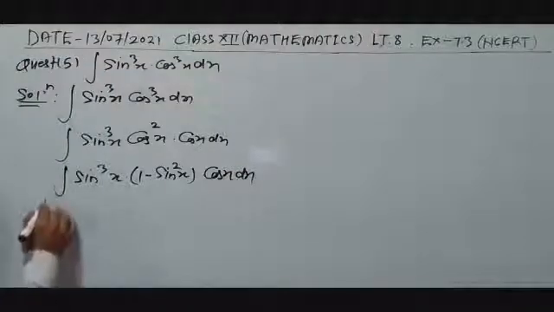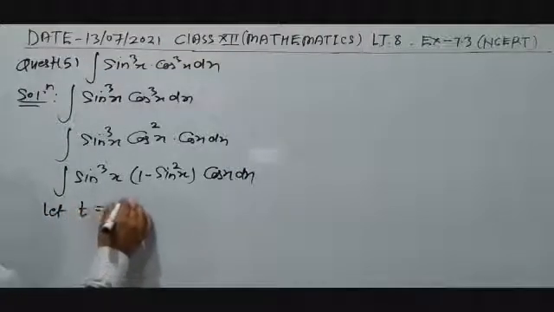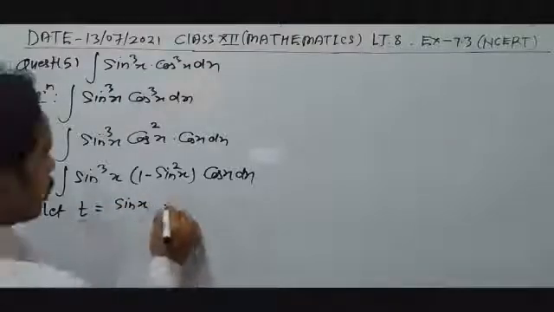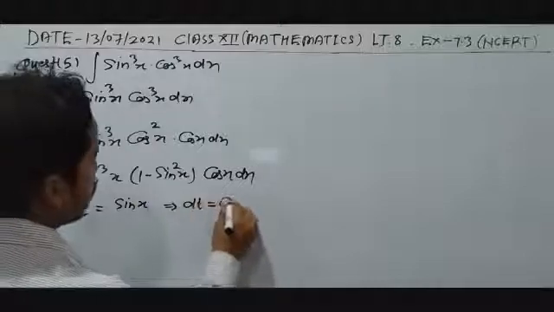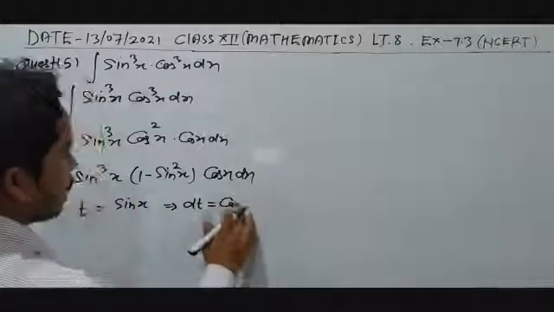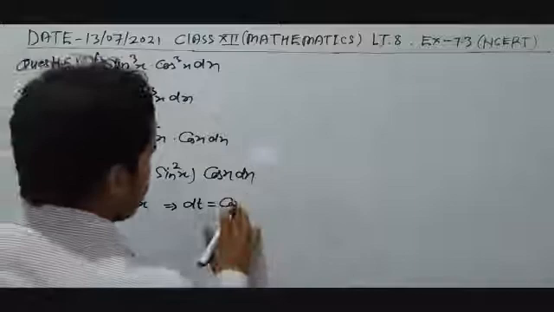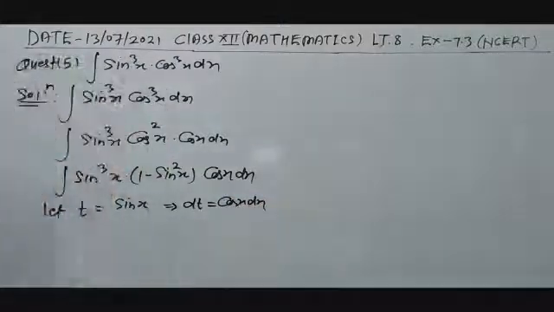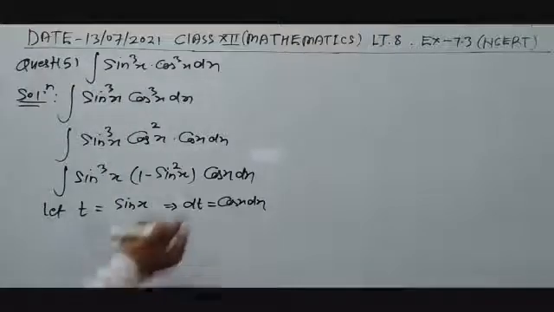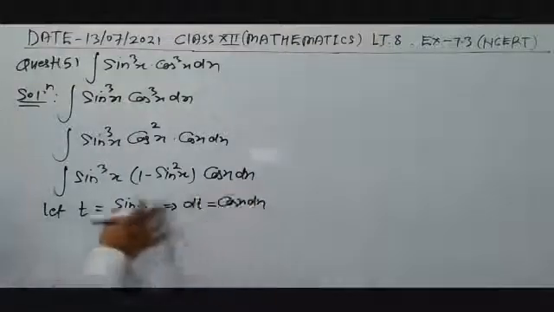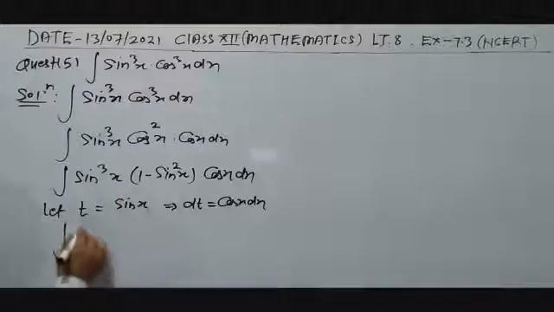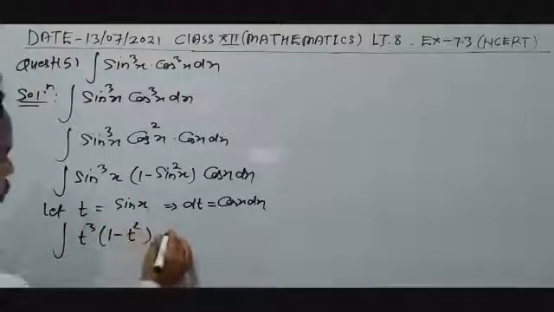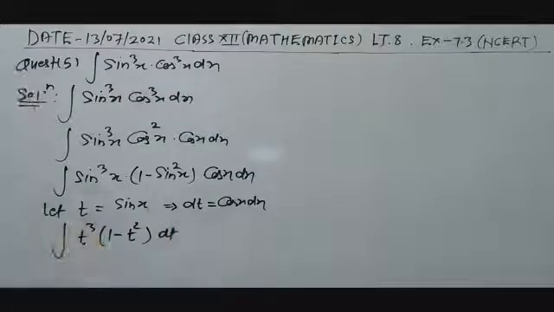Now let t is equal to sin x. This implies dt is equal to cos x dx, and now cos x dx will convert in dt, and this whole term in terms of t, that is t cube into 1 minus t square with dt.